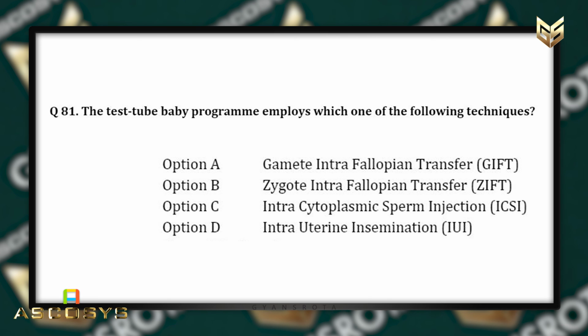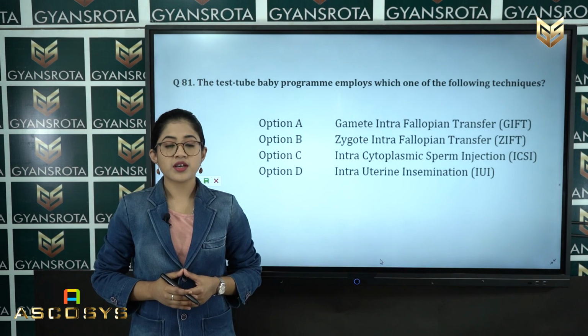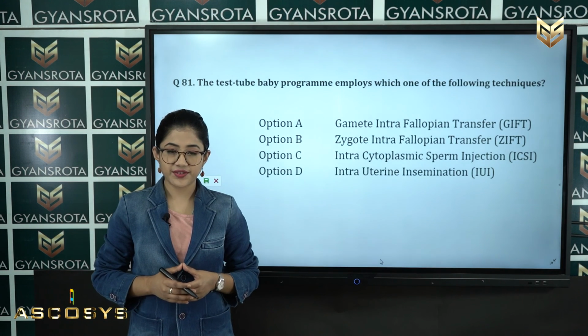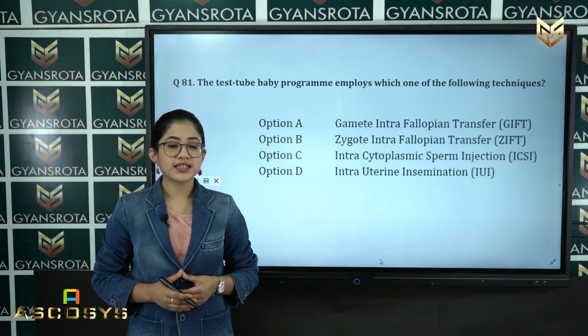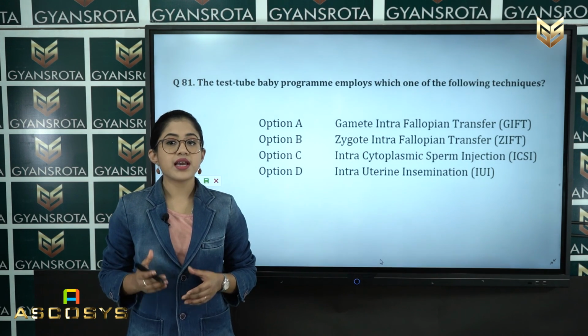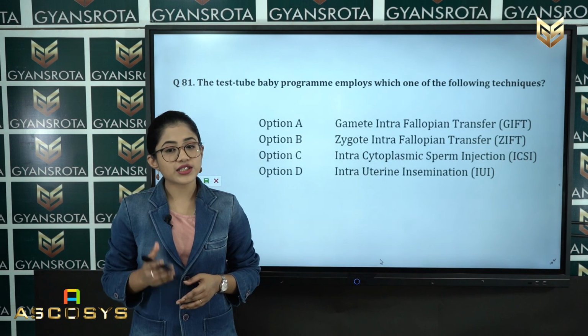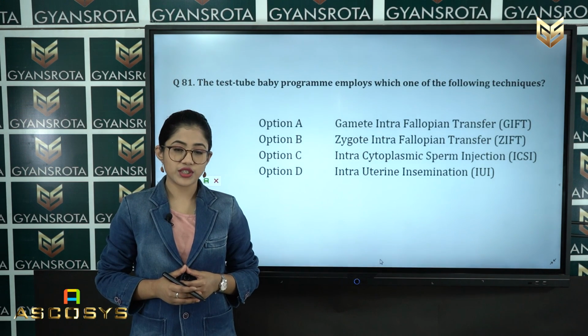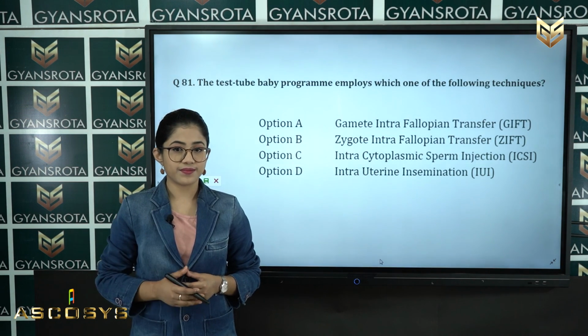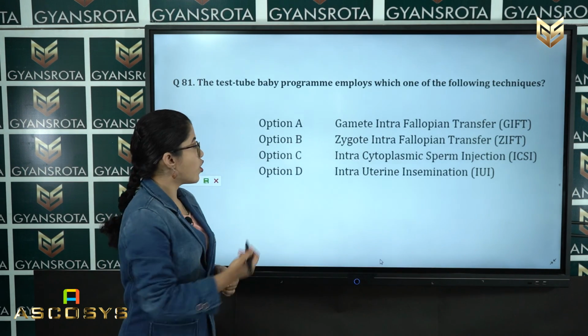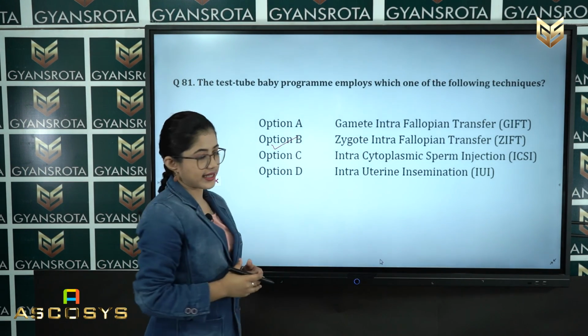And option D, intrauterine insemination, which is IUI. Student, in the chapter reproductive health, we have taught about this, that the test tube baby program employs zygote intrafallopian transfer, which is ZIFT. So, among these 4 options, option B is the correct answer.